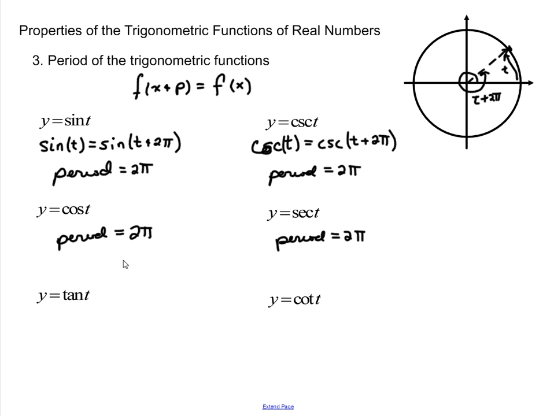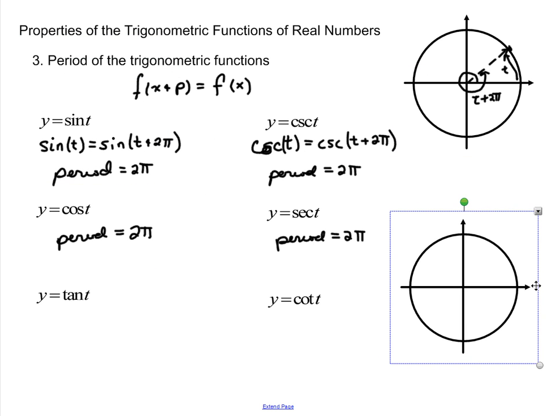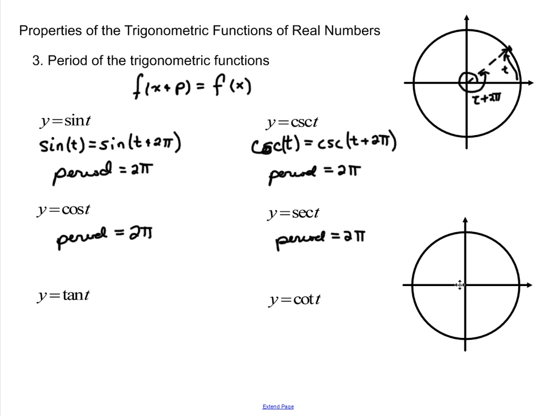The only ones for which it's a little different are the tangent and cotangent functions. And here's why that happens. Remember our signs rule: if we had this circle, and we were looking at tangent and cotangent, we picked some angle right here.